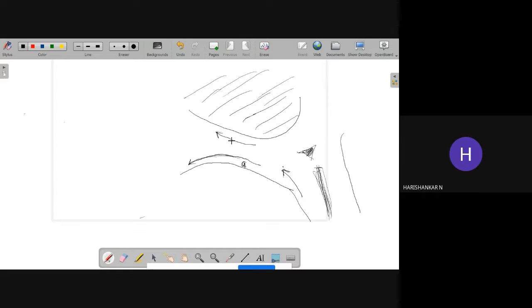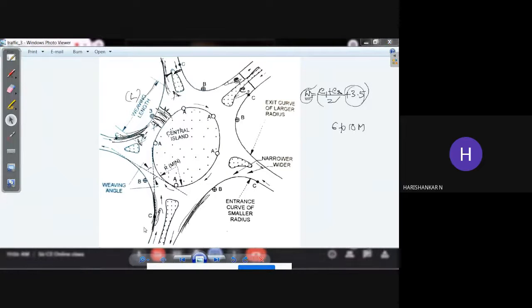Okay, so there will be weaving action like this. From this line, they weaved to this side. So it is the weaving traffic towards the right. So these are taken as B. The number of vehicles weaving towards right is taken as B. I hope it's okay.